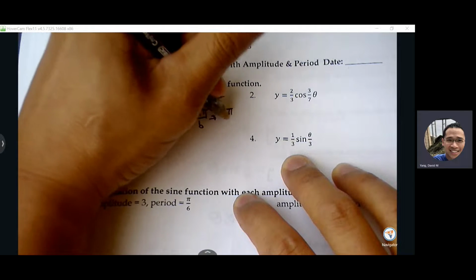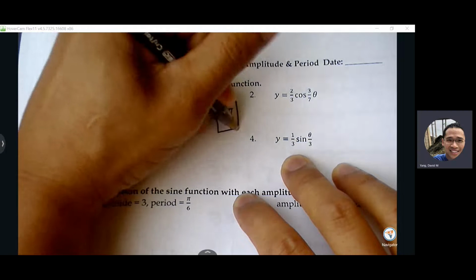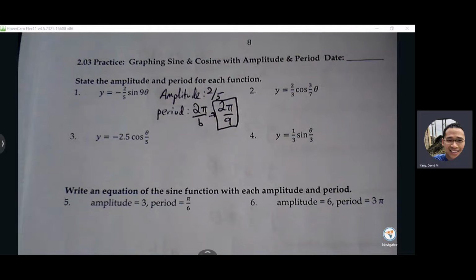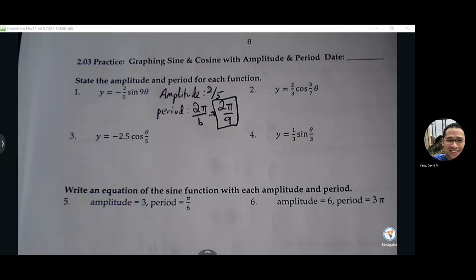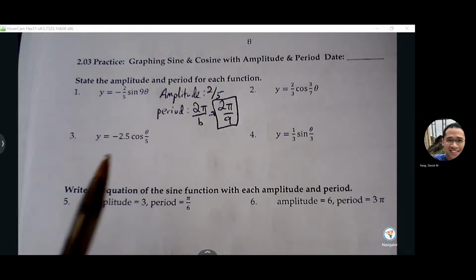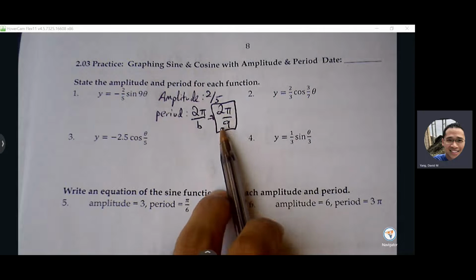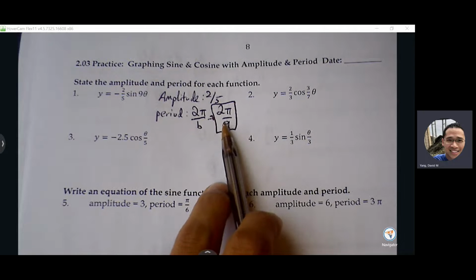Yep, 2 pi divided by 9. It's only asking for the full period, so we don't have to divide by 4, because that's what we want to graph. You don't have to simplify, and also here we can't simplify it.